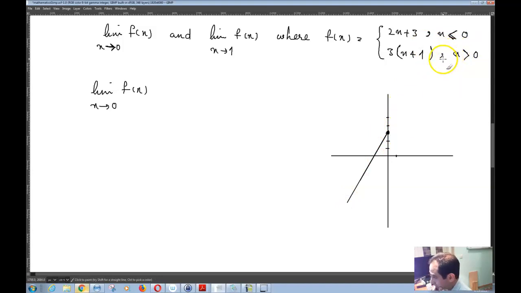For x greater than 0, you have 3x plus 3.